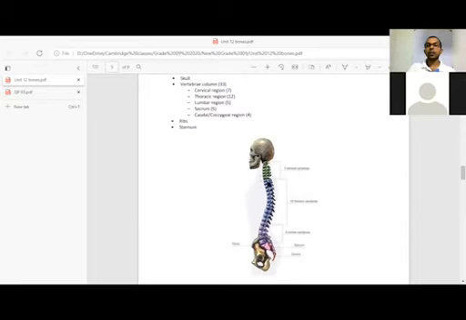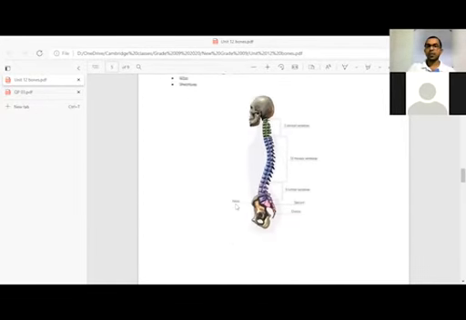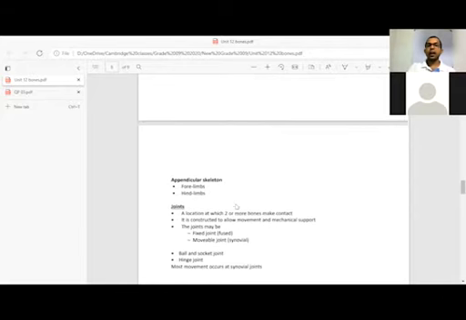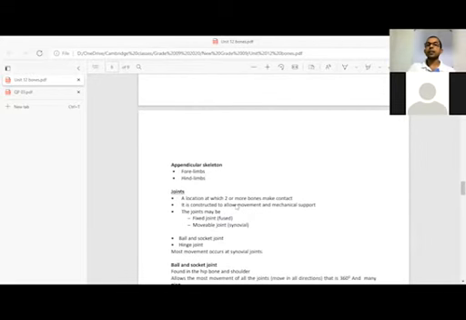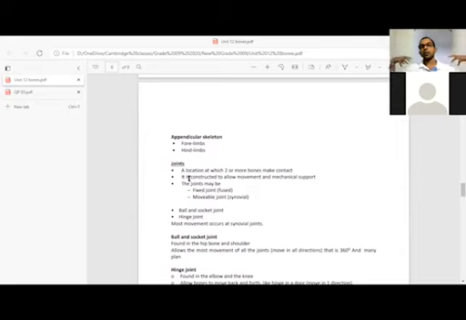The ribs are attached to the vertebral column, and the sternum is the breastbone. Those belong to our axial skeleton. The appendicular skeleton normally contains the forelimbs and the hind limbs, the arms and legs.